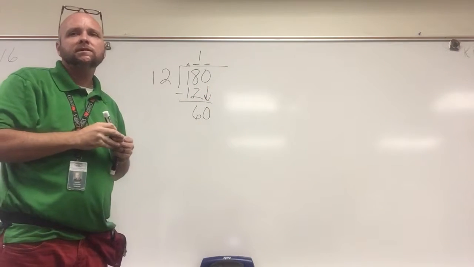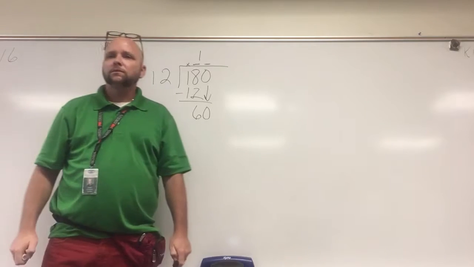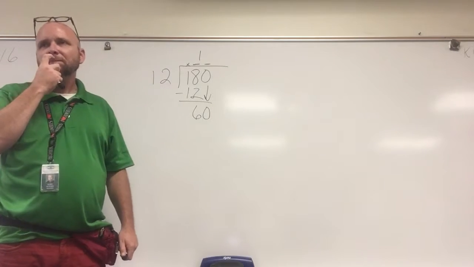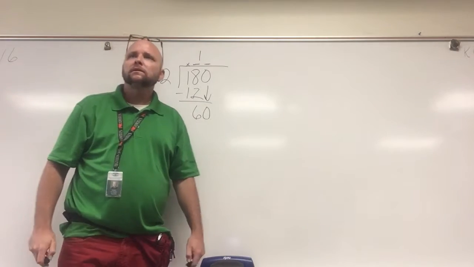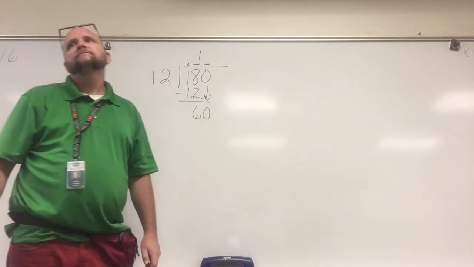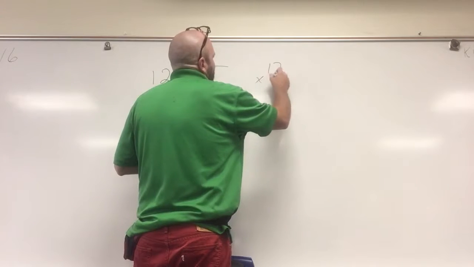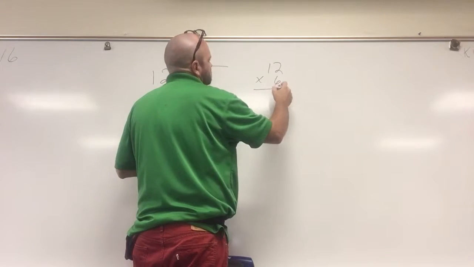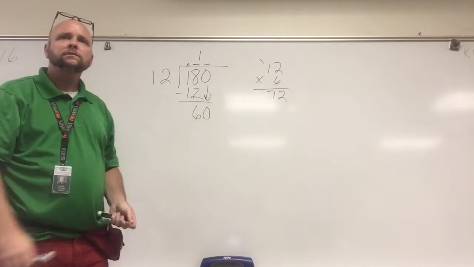Can 12 go into 60? It can. We just got to figure out how many times. How many times, Jocelyn? 6 times. All right, well, let's check. 12 times 6. 2 times 6 is 12, 72.